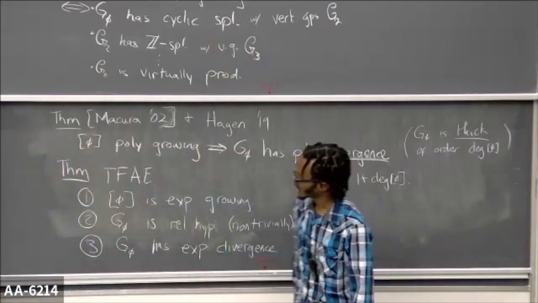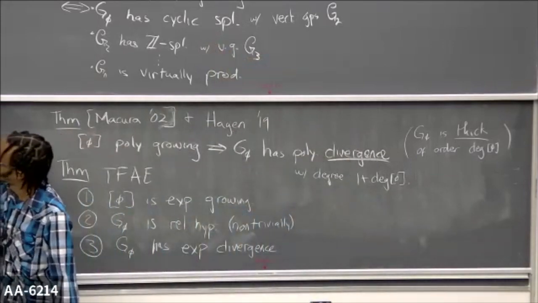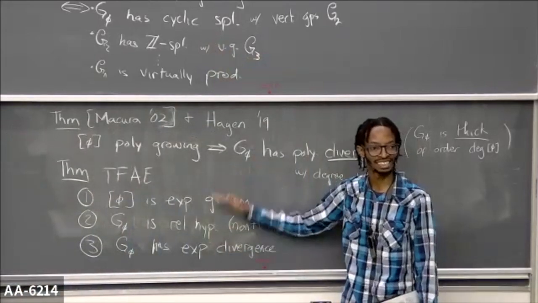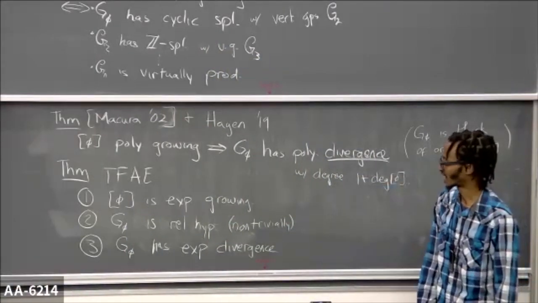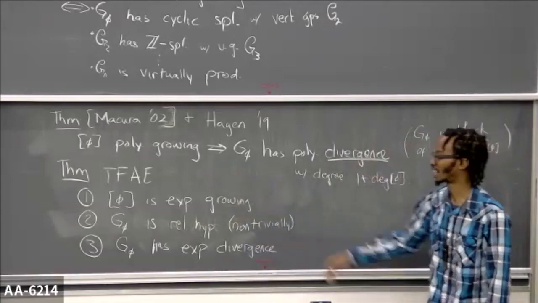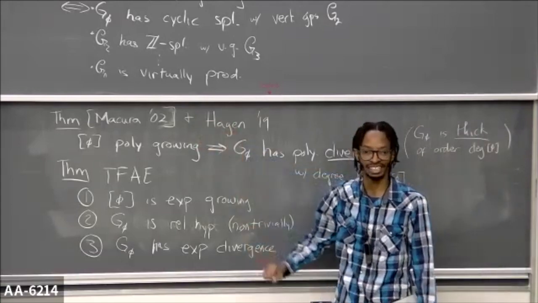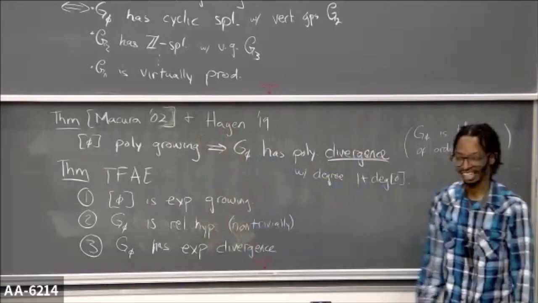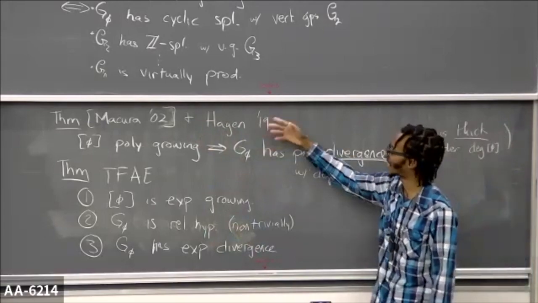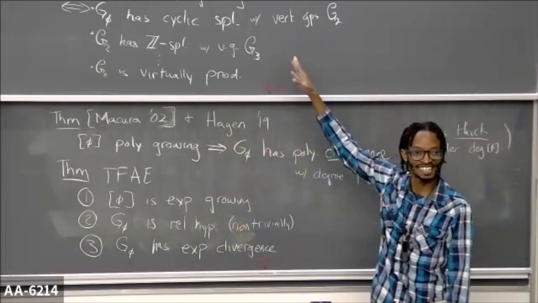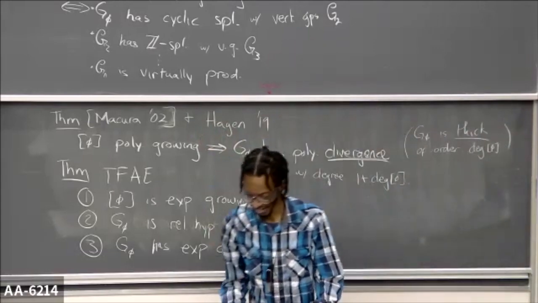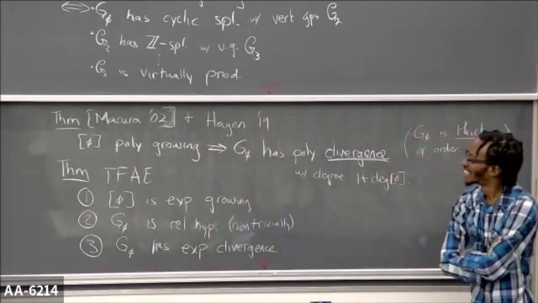So if you could prove this, then you will give a new proof, maybe not of this statement, but a new proof that polynomial growth is a QI invariant that doesn't go through relative hyperbolicity. And I think it's kind of a neat idea that only came to me as I was preparing these notes. So prepare notes for your stuff, and it might help you make new connections.